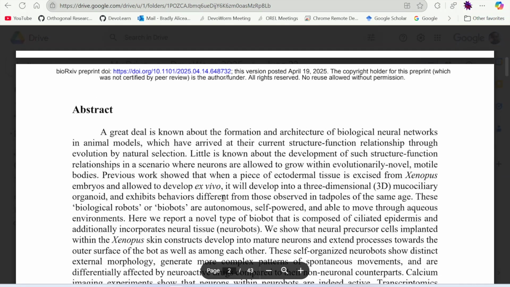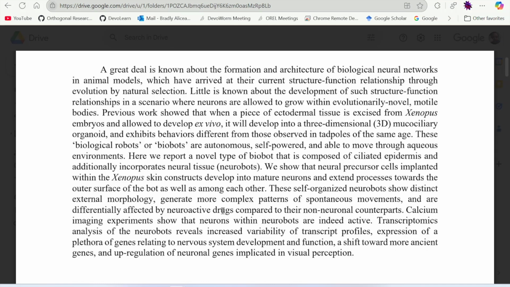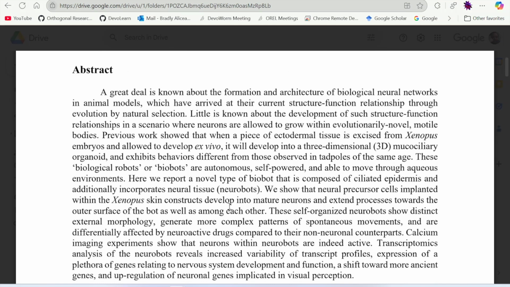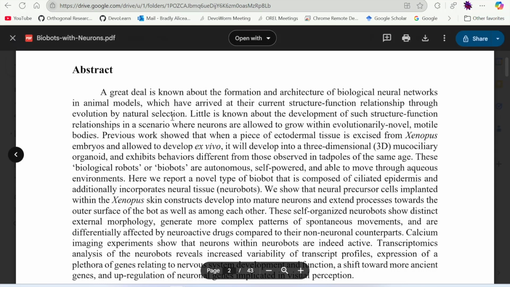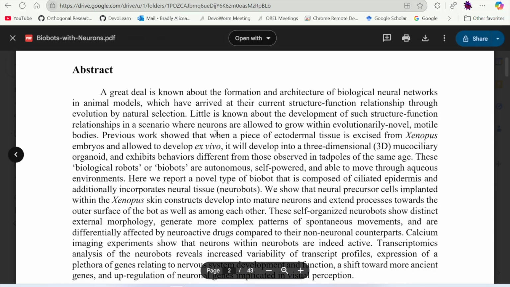And so if we look at the abstract, they mention a great deal is known about the formation and architecture of biological neural networks in animal models, which have arrived at their current structure-function relationship through evolution by natural selection. Little is known about the development of such structure-function relationships in a scenario where neurons are allowed to grow within evolutionarily novel motile bodies.